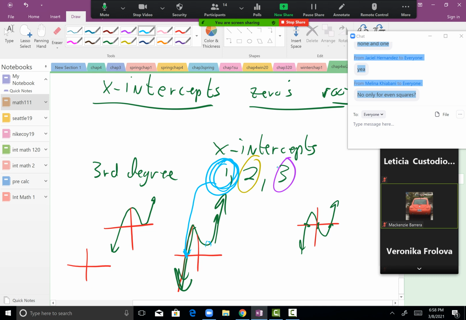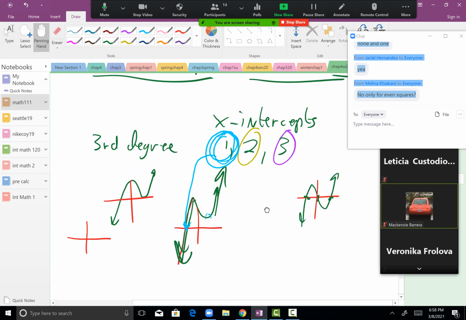Now what about zeros? It's the same thing. I could have 1, 2, or 3 zeros. What about roots? I could have 1, 2, or 3 roots. But here's the catch. If I can have 3 roots, that means I can have 3 solutions. So let's hang on to that.